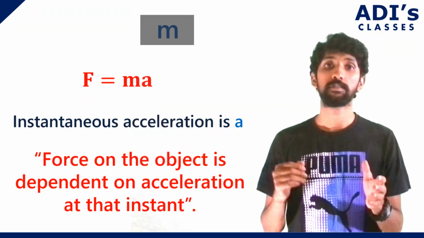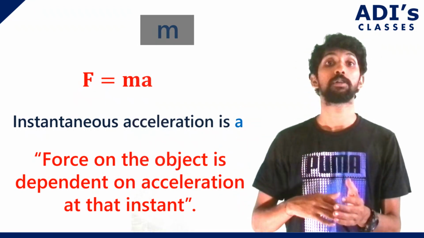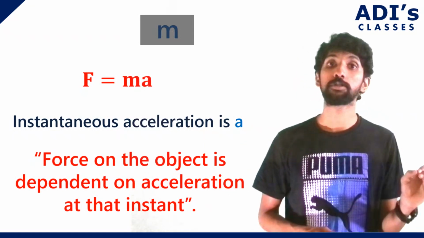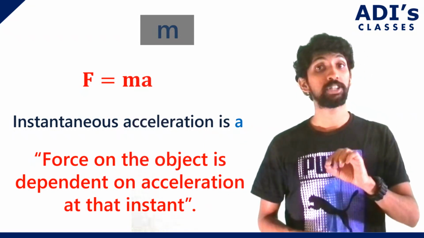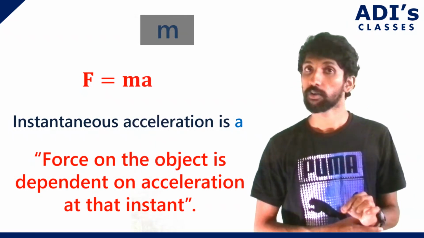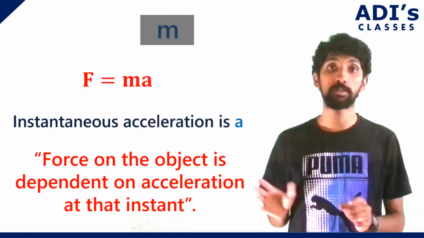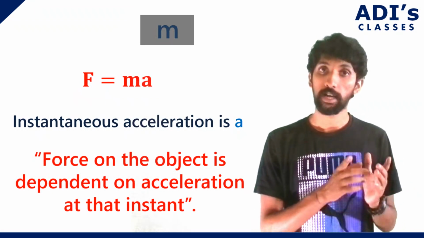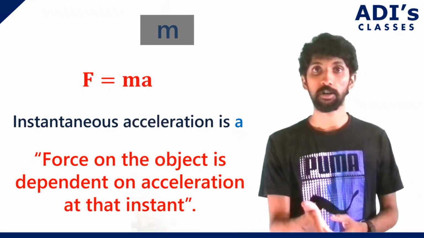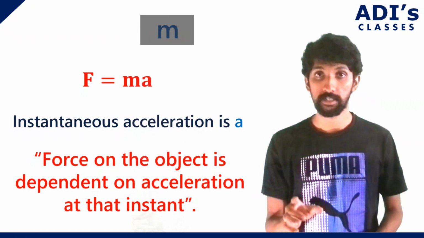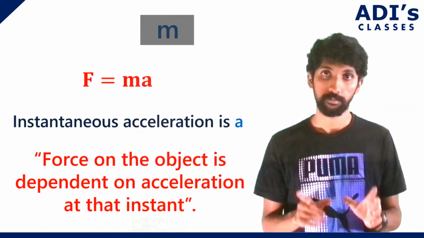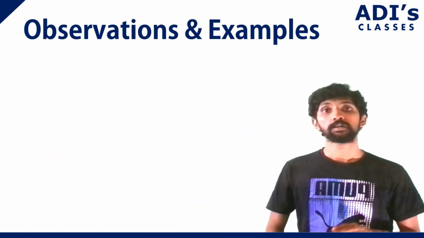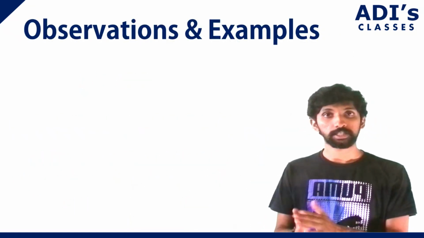It doesn't matter what the earlier force or acceleration was. What determines the force on an object is the acceleration at that instant. There is no history of the force which acted on the body. So remember, whatever force you calculate from Newton's second law is all about the instantaneous acceleration, not some history. These three are very important observations of Newton's second law.